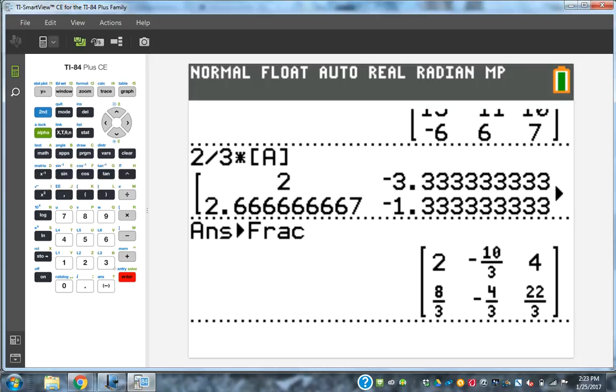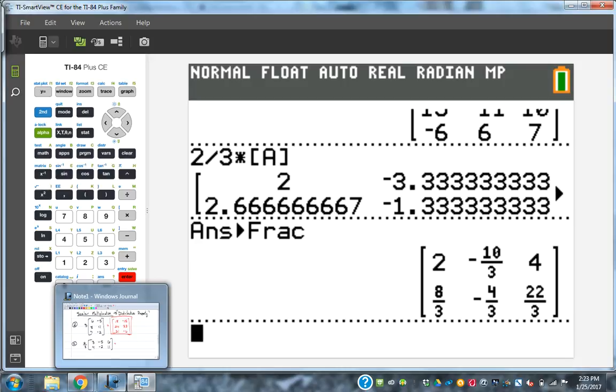Okay, math, enter. So that's our matrix after the scalar multiplication. 2, -10 thirds, 4, 8 thirds, -4 thirds, and 22 thirds. Did you try 2 divided by 3 times? And now hit math.